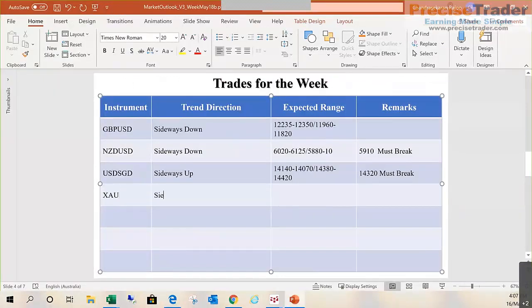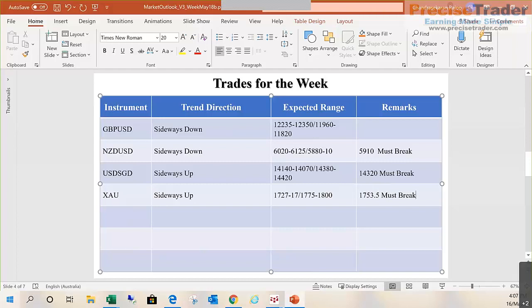Again, this is sideways up. The maximum low we are looking at is 1727 to 1717, and on the top side is 1775 to 1800. The condition is 1753.50 must break.